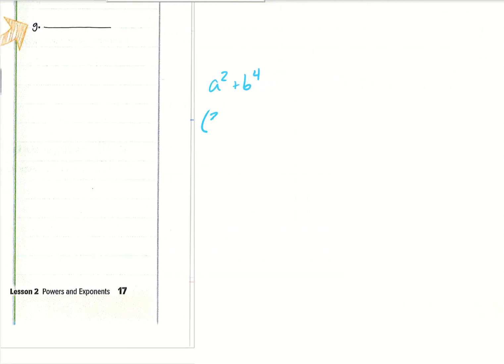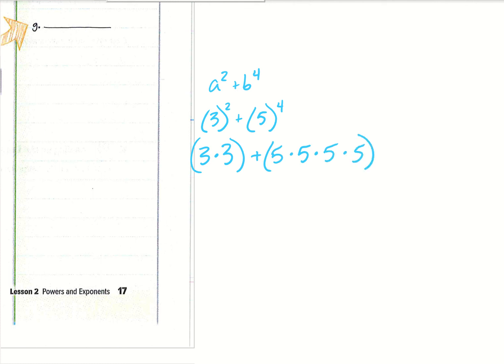Okay, so we'll go ahead and plug that in. So a is 3 and b is 5. Okay, now we're just doing the same thing. So 3 times 3, I'm going to put that in parentheses just to make it a little bit easier to see what I need to do. And then 5 times 5 times 5 times 5.